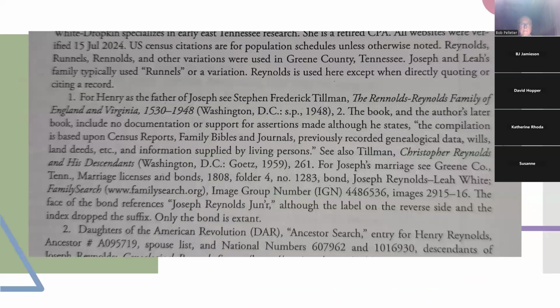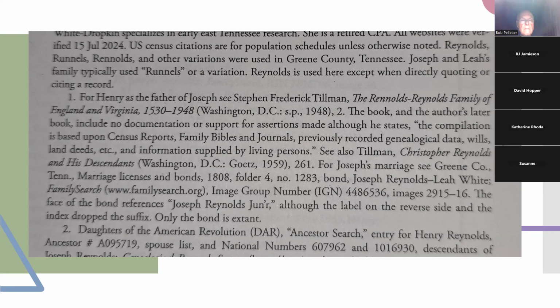So a couple things. For example, this is an article out of the National Genealogical Society Quarterly, and we're looking at footnote 1, where it has this book, the Reynolds family of England and Virginia, that having Henry as the father of this particular Joseph.